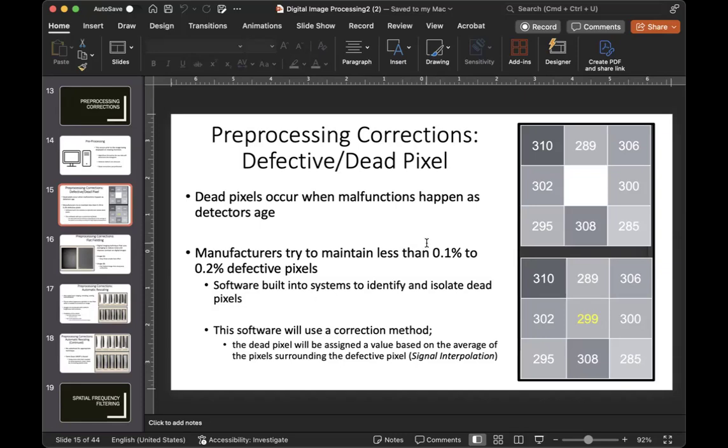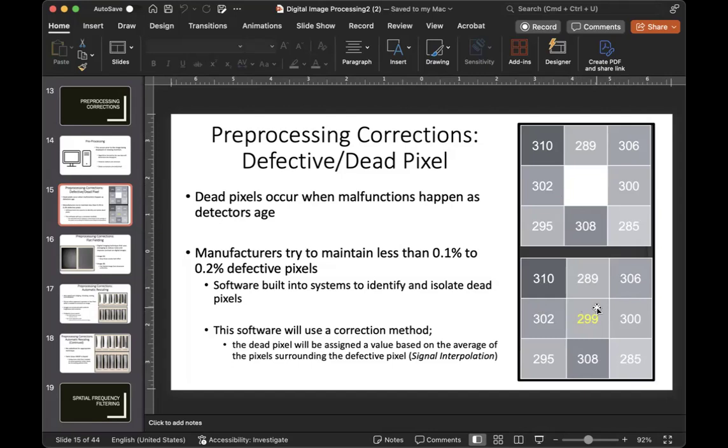Essentially, if there's a dead pixel, that dead pixel is seen as this whitened space here. What will happen is the machinery will average all the areas around it and then assign a value, right? And so that's what happens. If we were to average all the numbers here, we would get a value of 299, and then this is the shade of gray associated with the number 299. Okay?